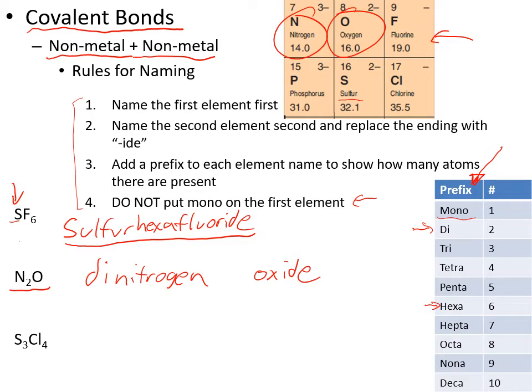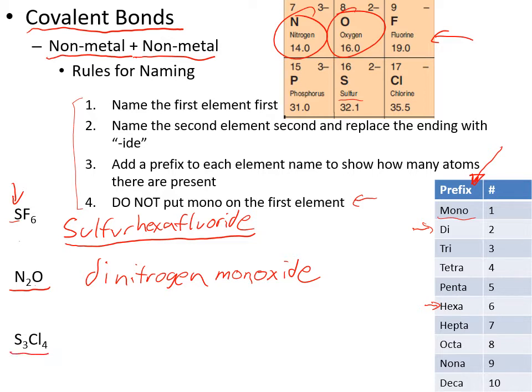Then there is 1 oxygen, so we call it mono, and it sounds funny when you say mono-oxide, so we just say monoxide. So dinitrogen monoxide. We keep the mono for the second element. It's just a rule, don't put mono on the first element.